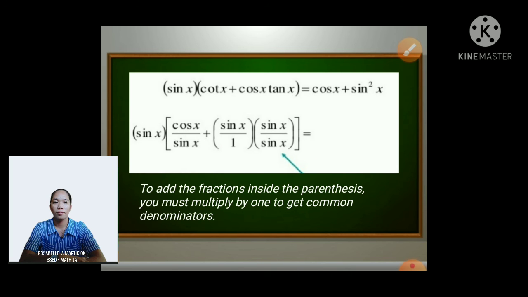So sin x multiplied by the quantity cos x over sin x plus sin x over 1 multiplied by sin x. To add the fractions inside the parentheses, you must multiply by 1 to get a common denominator.